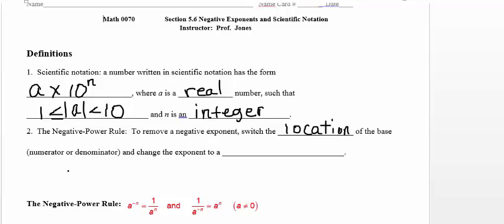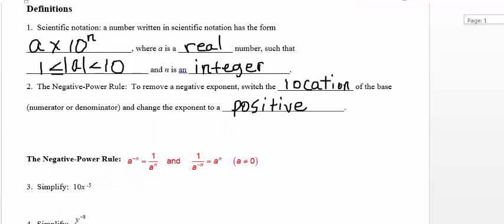If the base is in the denominator, move it to the numerator, and change the exponent to a positive. So this is what you do when an exponent is negative. You change the sign of the exponent as well as change the location of the base.